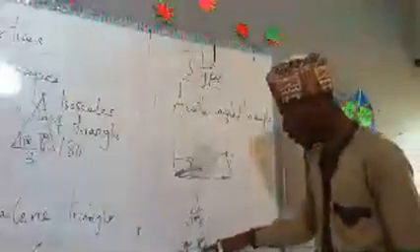Look at this. If I say this is isosceles, and I say this one is 40, this place is 40, so this place is 100.